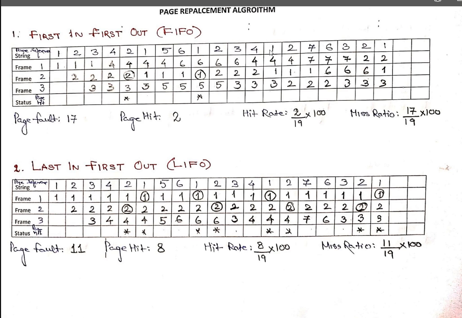Now how do these pages appear? Based on the page number and page size, and based on the page and frame table, the pages are transferred to the frames, and these frames are available in the main memory, or in the RAM.